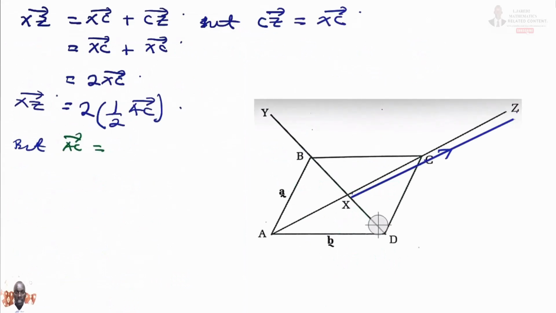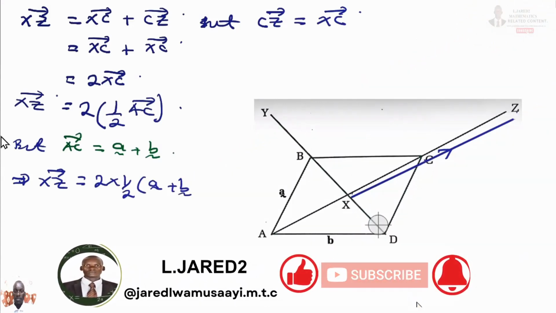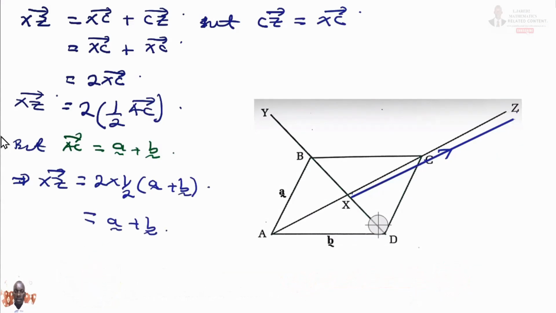So vector AC equals a plus b, implying that our vector XZ equals 2 multiplied by a half into vector a plus vector b. So this is the same as having vector a plus vector b. Therefore, vector XZ equals vector a plus b.